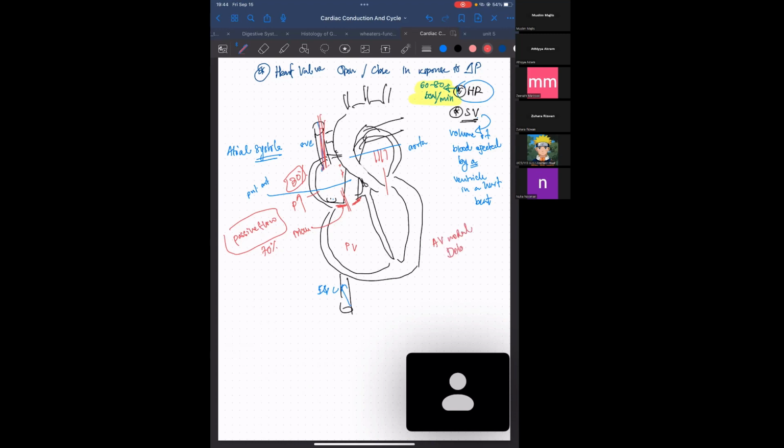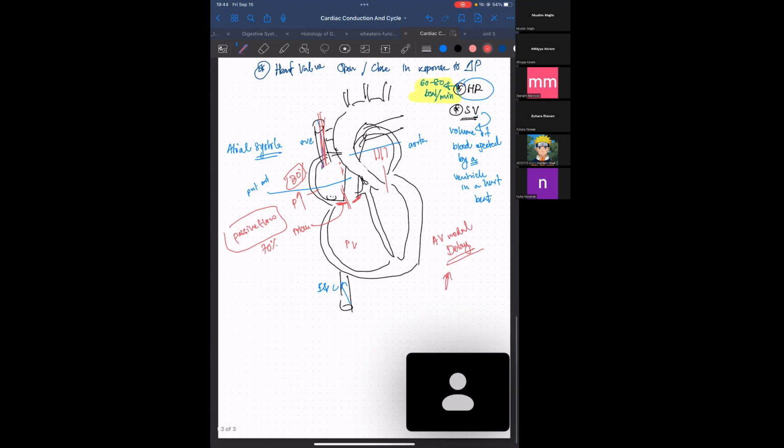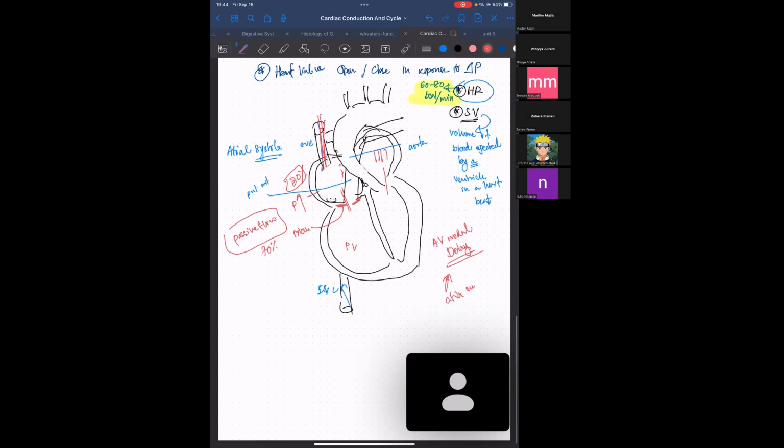This is very important. This is useful because it will help the atria to contract and empty completely. It will help the emptying of the atria into the ventricles. The atria will empty into the ventricles completely.